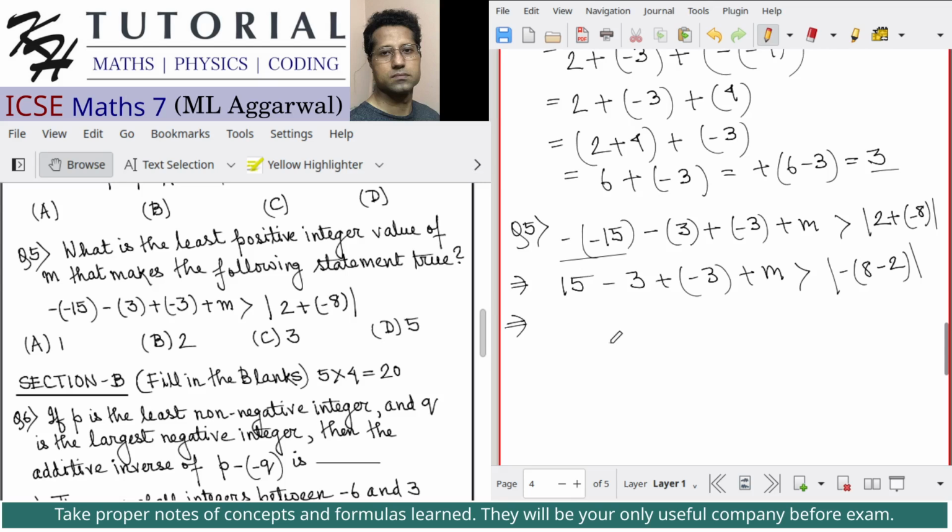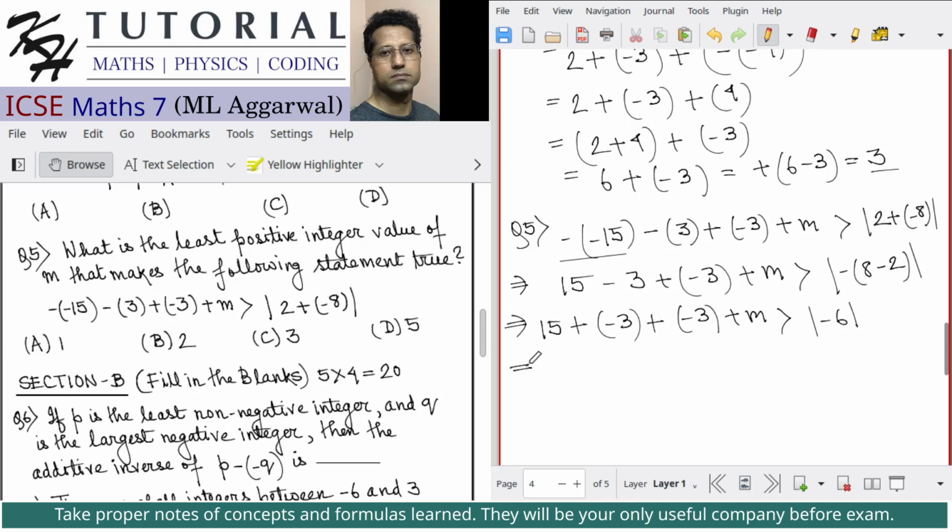Now let's see the left hand side. I will convert the subtraction operation as addition operation. So this will be 15 plus negative of 3, plus negative of 3 plus m greater than... the absolute value of 8 minus 2 is 6. So this becomes absolute value of minus 6.